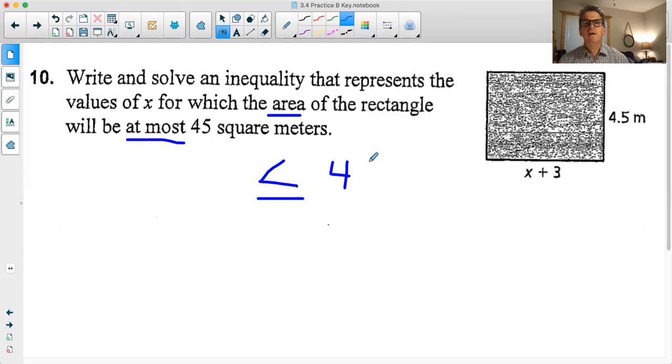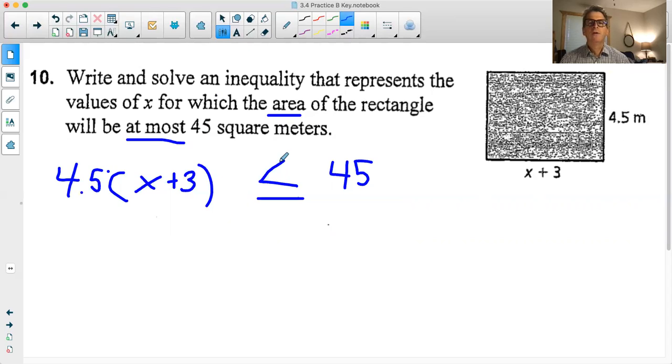Now, area is the length, x plus 3, times the width, 4.5. So the length is x plus 3, the width is 4.5, and it has to be at most 45. So it's got to be less than, or it could be equal to 45.